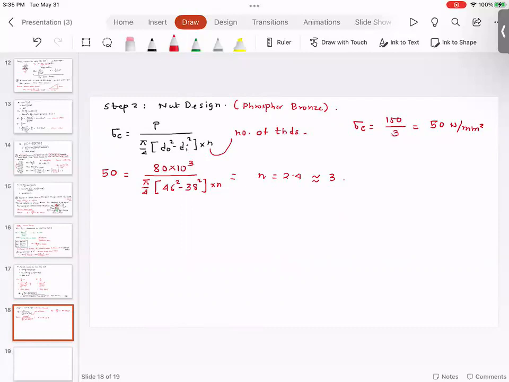But then you have to allow some threads for alignment. For example, when you screw into a nut, the initial threads do not provide the strength; they actually align the screw and the nut. After that alignment is done, the next set of threads get into engagement, and they provide the strength to the joint.